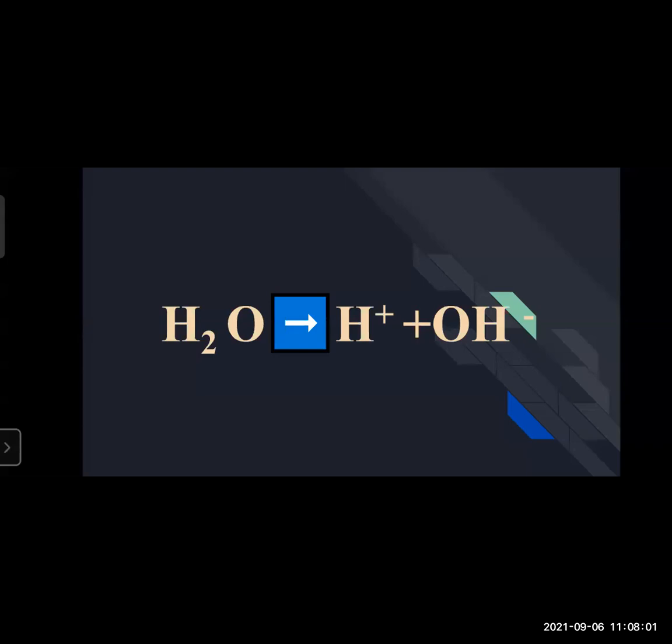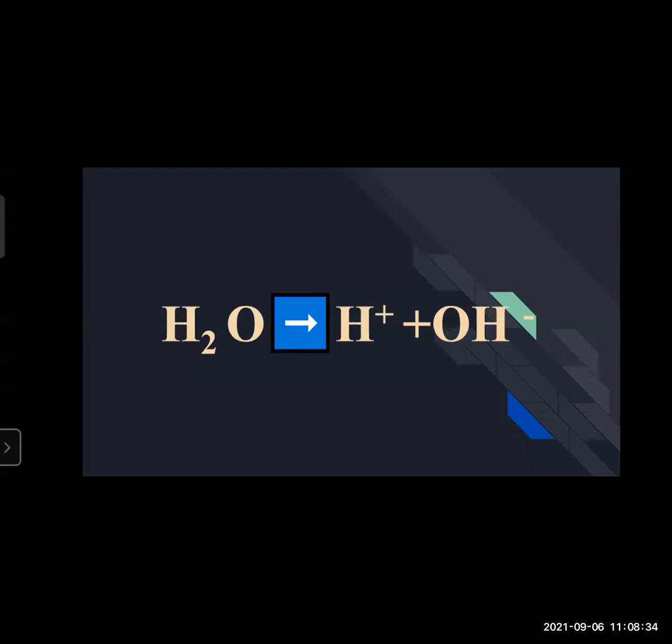The soil we all know, the earth, which is made up mostly of soil. So the proportion of H plus and OH minus ions divides the soil into acidic, neutral, and basic types. That means there are three types of soils: acidic soil, basic soil, neutral soil.